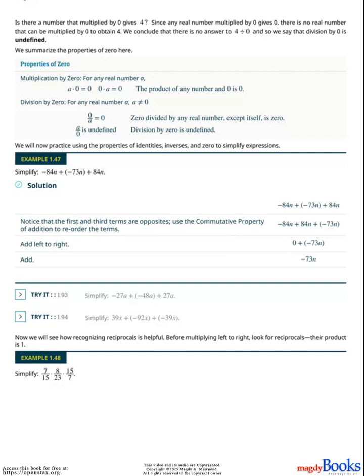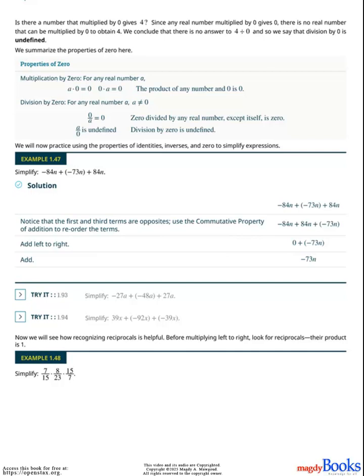Example 1.47. Simplify. Negative 84n plus, open parenthesis, negative 73n, closed parenthesis, plus 84n. Solution. Negative 84n plus, open parenthesis, negative 73n, closed parenthesis, plus 84n. Notice that the first and third terms are opposites.